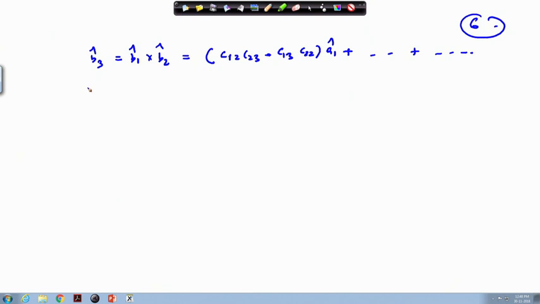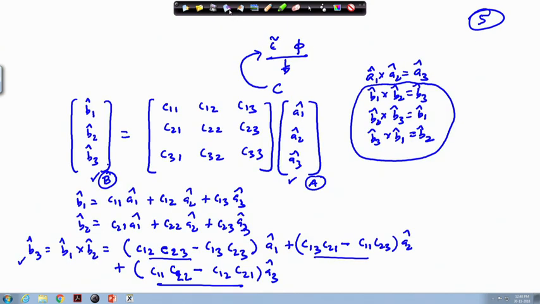Okay, so what does it give? If you look into this whole thing, this is basically a conversion from A frame to B frame. Okay. C 1 1, C 2 2.